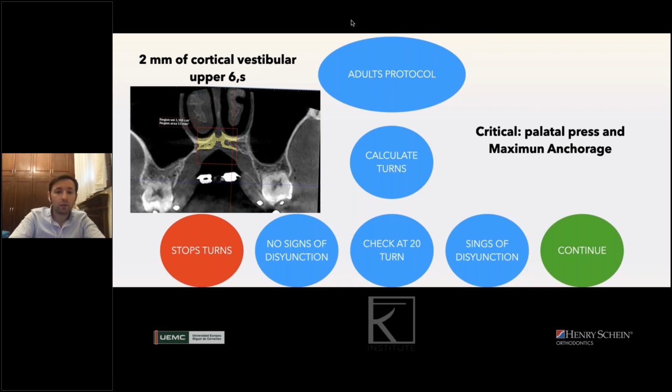We check after the 20 turns, and if there are clinical signs, we make the disjunction. If we see interincisal diastema, we can continue. If we don't see it, we need to make a radiographic check-in and see what happened. If there is a problem, we stop the turns and we offer either dentoalveolar compensation or extraction.